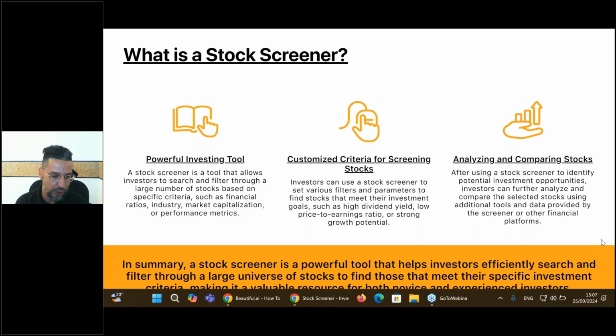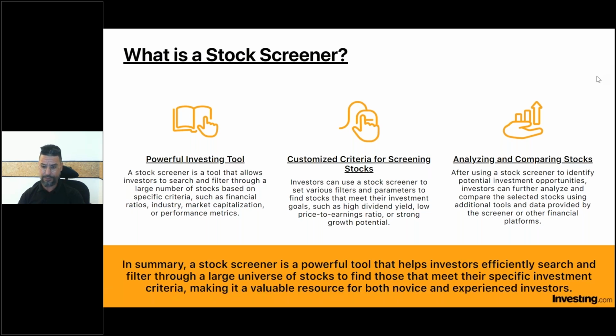But essentially, it can help filter through a large amount of stocks in a very short amount of time, and just gives you a very brief breakdown on the customized filters and parameters that you set in advance.